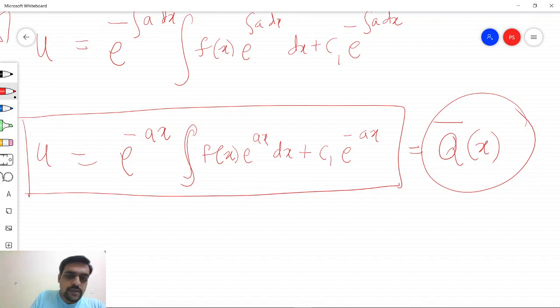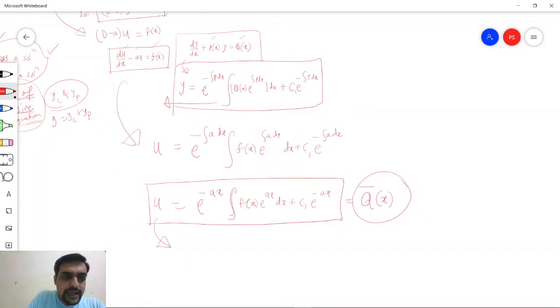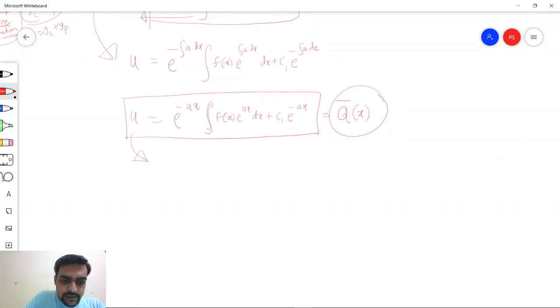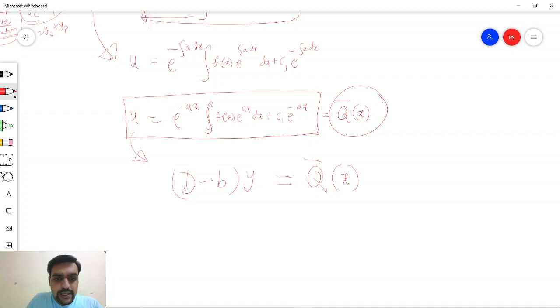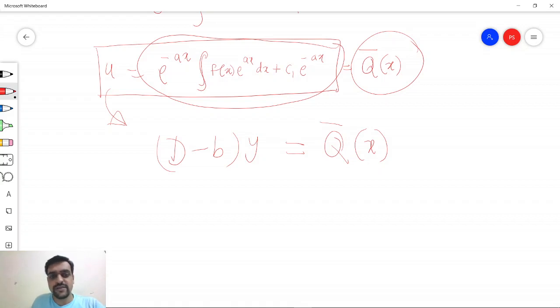Now just remember, this u is defined by us as (D minus b) y. So (D minus b) y is equal to u, that is equal to q bar of x. Now note here that this q bar of x is a very complicated expression which has to be solved first.